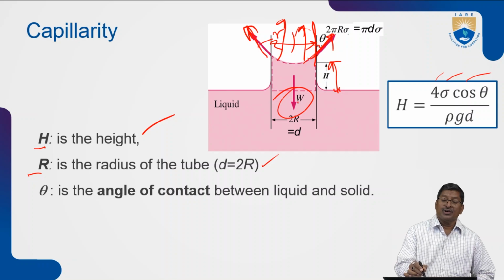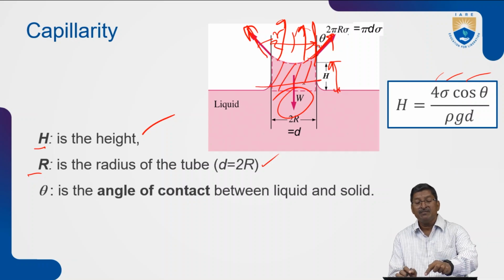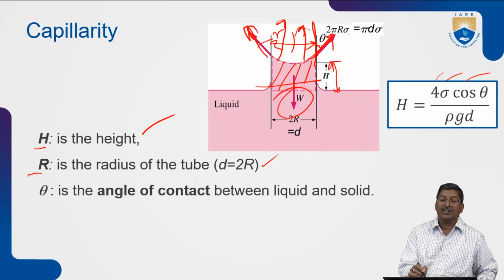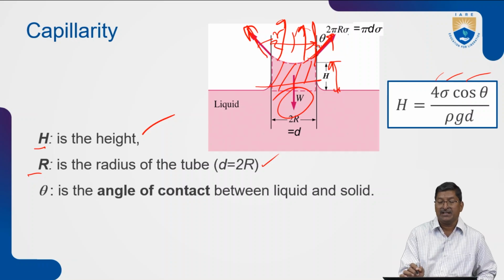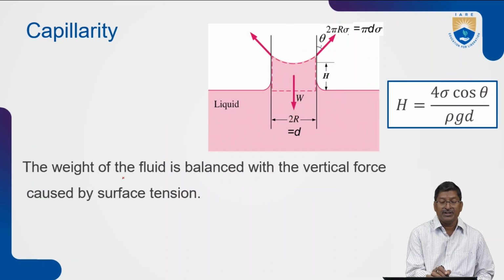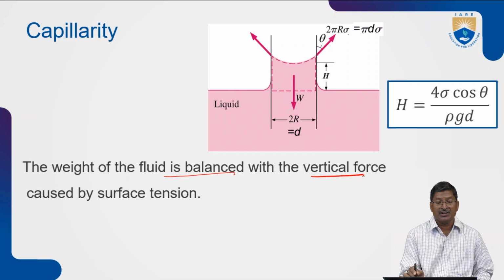Whatever the liquid rises here will be the same as the weight of the water here, due to the force applied by this capillarity. The weight of the fluid is balanced with the vertical force.